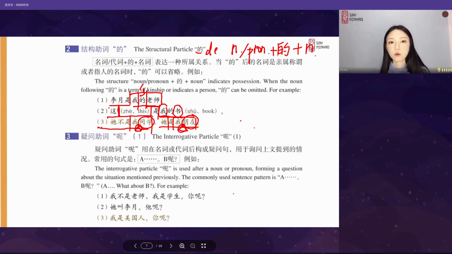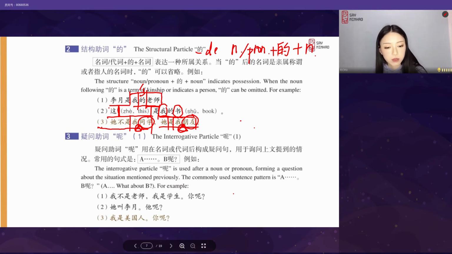We don't need to say 我的同学. We can just say 我同学. It is enough. So when you want to say my mother, you can just say 我妈妈. You don't need to say 我的妈妈. It is the same for the other kinship terms in your family. This is the structural particle 的.